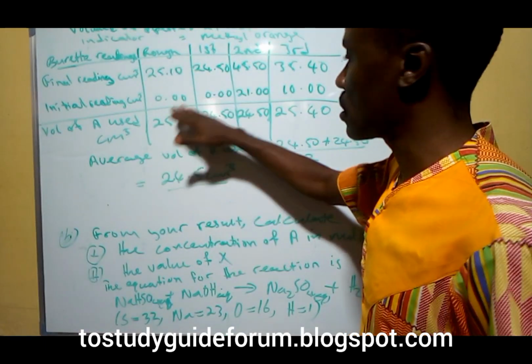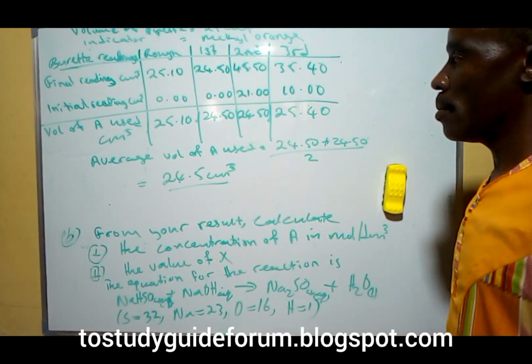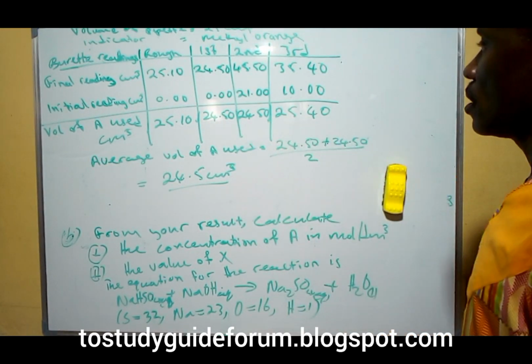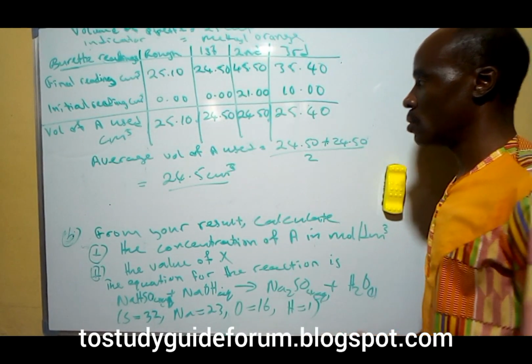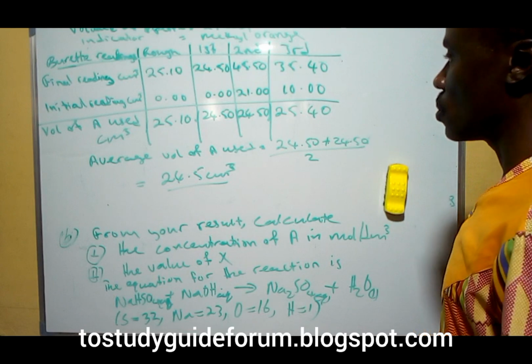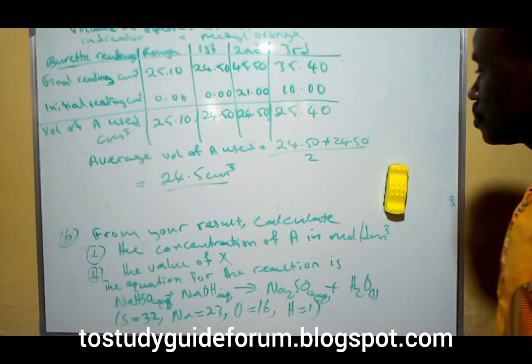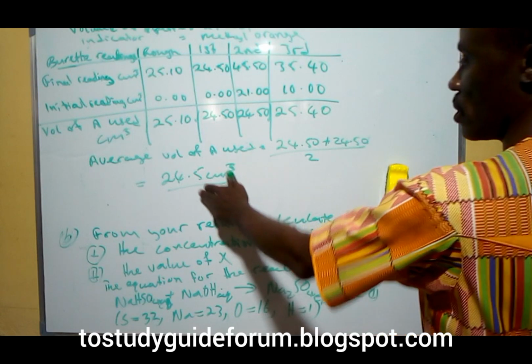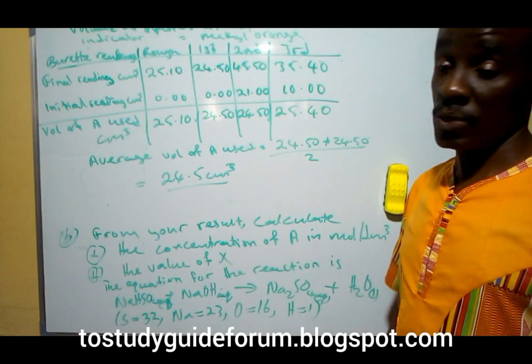When we subtract, we find the volume of A used. Then we use the readings that are very close together to get our average, by adding them. From there, we can continue with the calculations.